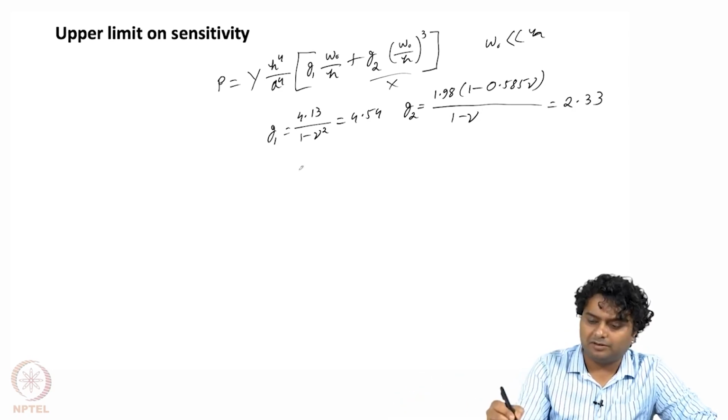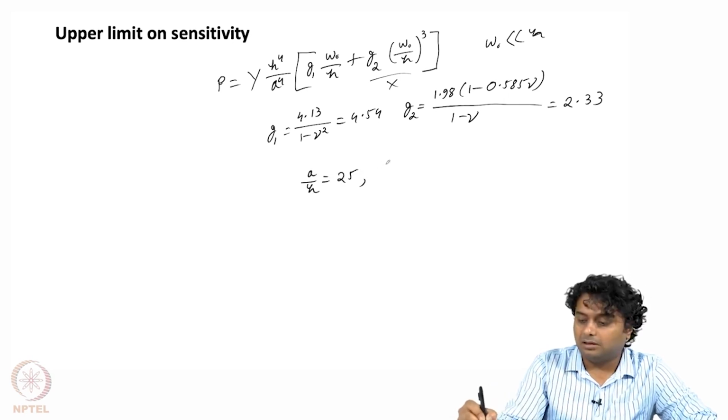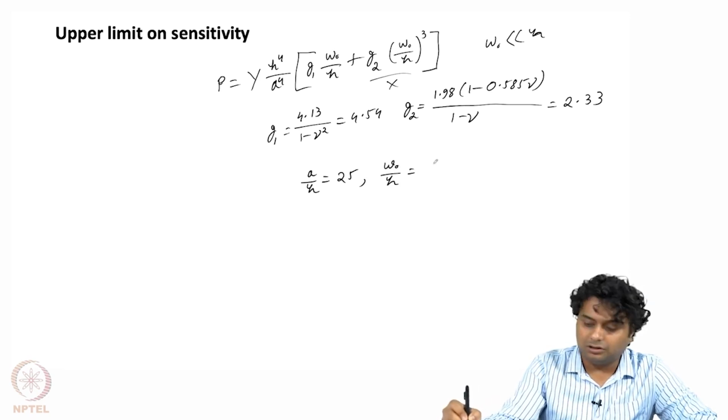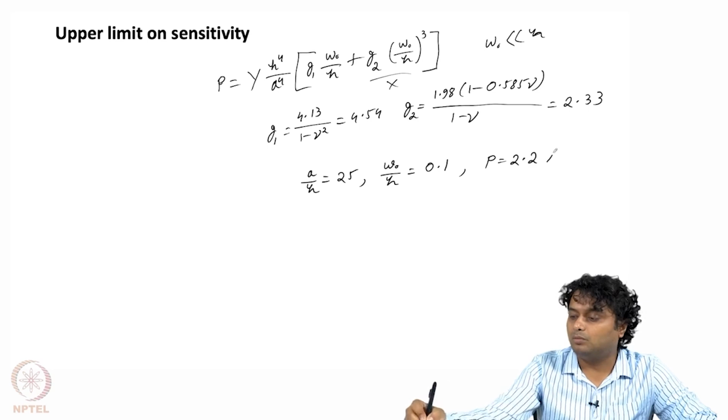And if you put some particular values, let us say A by H equals 25, and W0 by H equals 0.1, then we get pressure equals 2.2 bar.